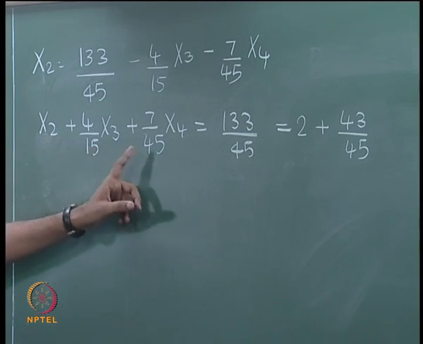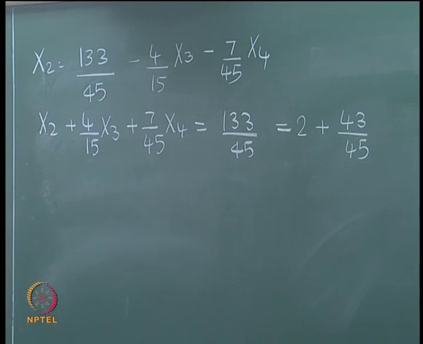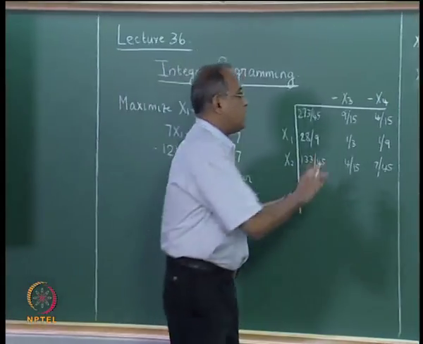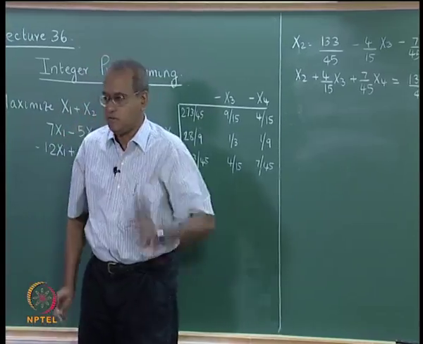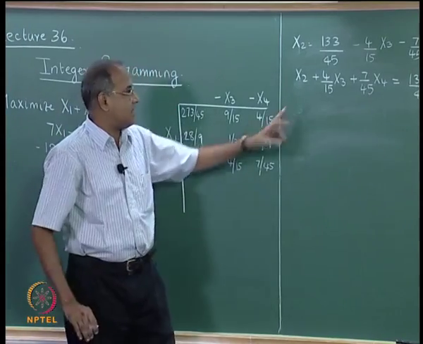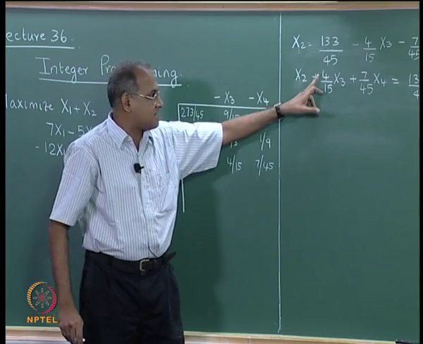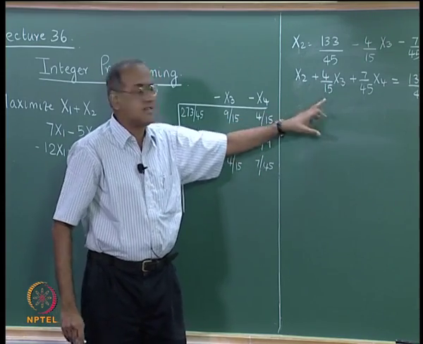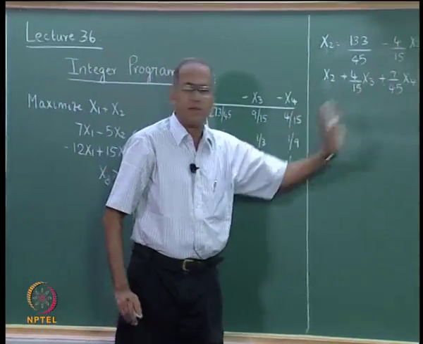If this were minus 7 by 45 x4, this will be written as minus x4 plus 38 by 45 x4. So this should always be written as an integer plus a positive fraction less than 1. It turns out that the integer component is 0 and the positive fraction less than 1 is 4 by 15 here. So it is written as 4 by 15. Similarly, this is written as 7 by 45.